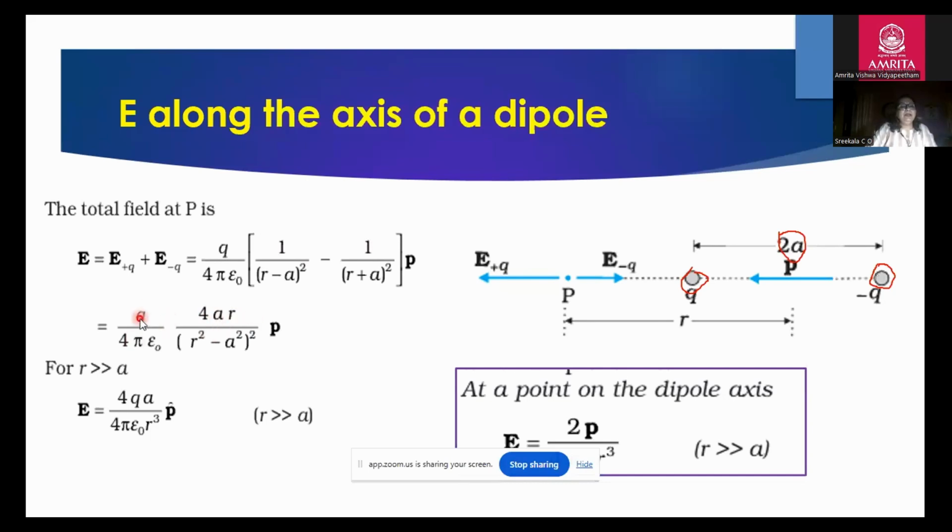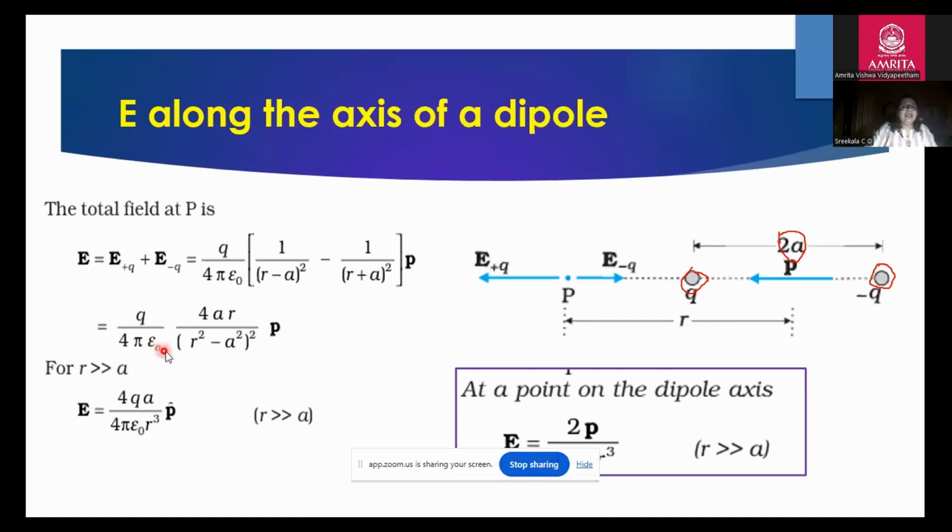So it will be 1 by 4 pi epsilon 0 into 4AR into Q divided by (R square minus A square) the whole square. Direction is P vector. Direction is along the direction of P. Now, if R is very much greater than A, then A square can be neglected.